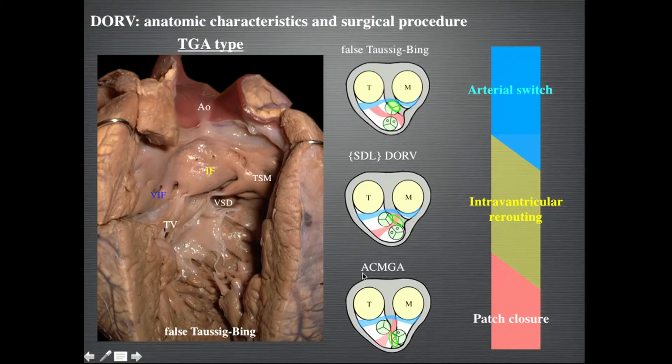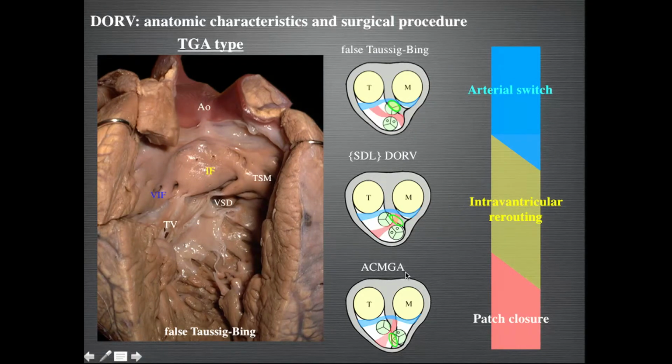This one is anatomically corrected malposition of the great arteries, another aspect of the TGA type of DORV. So the interventricular septum is here, the infundibular septum is here, more aligned. This is much different from the TGA type and anatomically corrected malposition of the great arteries.